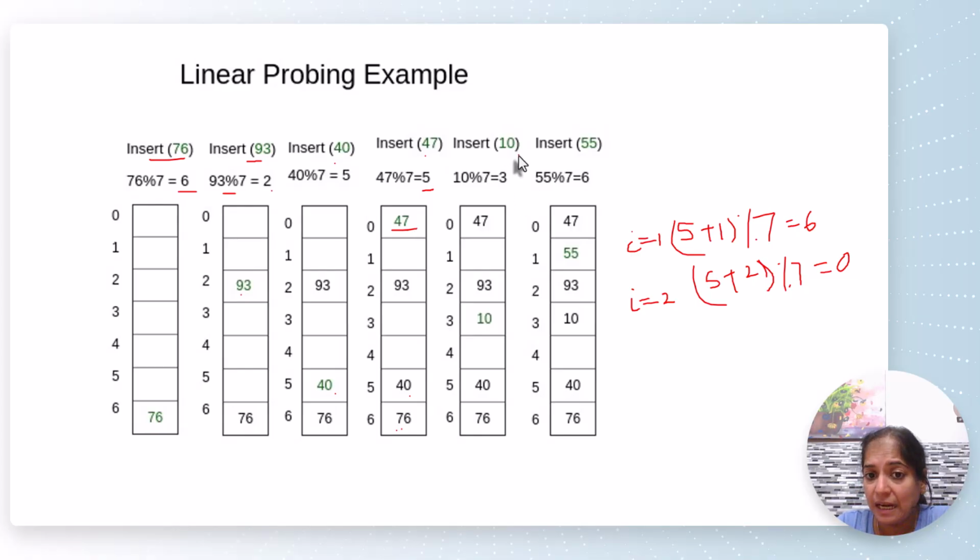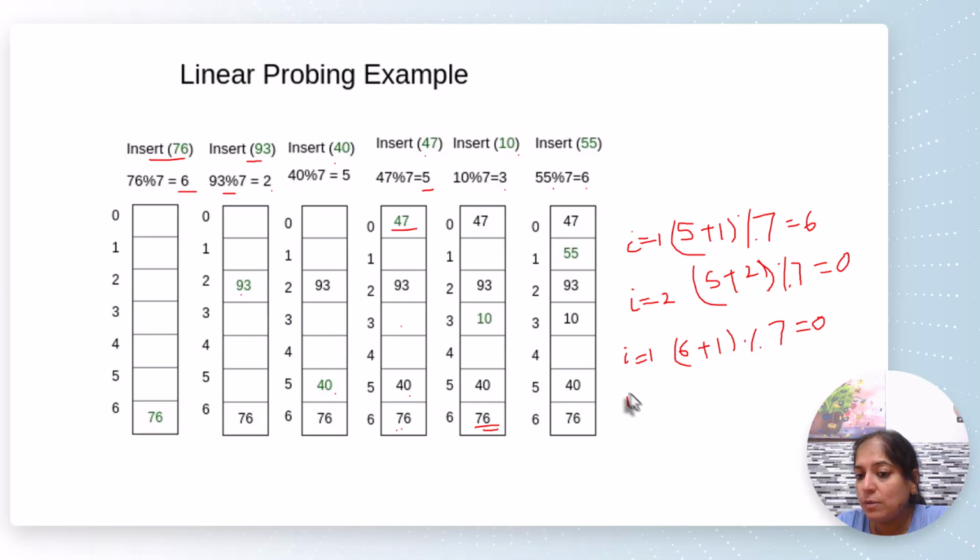Then insert 10. For 10, modulo 7 is 3. 3 is vacant. So 10 is stored at index 3. Then 55. For 55, mod 7 gives us 6. 6 is already occupied. So we calculate i equals 1, which becomes 6 plus 1 mod 7, which gives us 0. 0 is already occupied.